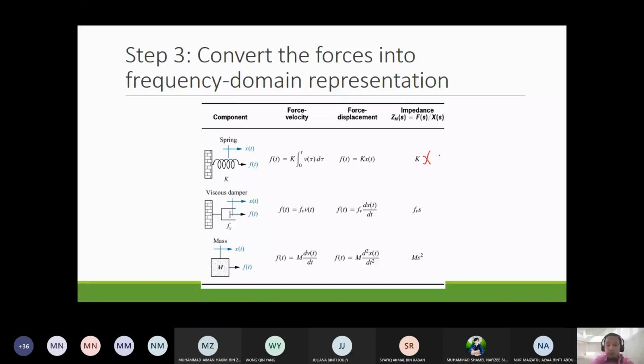For the damper or friction, which have the same force equation, it's Fv times x dot, or the velocity. In the frequency domain, it becomes Fv times s X(s). And lastly, for the inertia, for the mass, it's m times x double dot, or acceleration. In the frequency domain, it becomes m s squared times X(s).